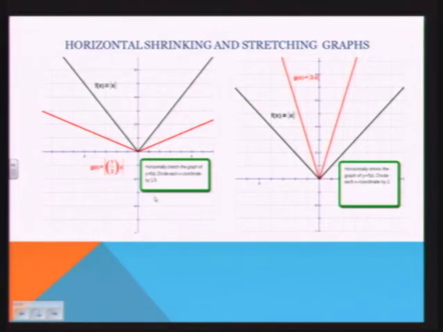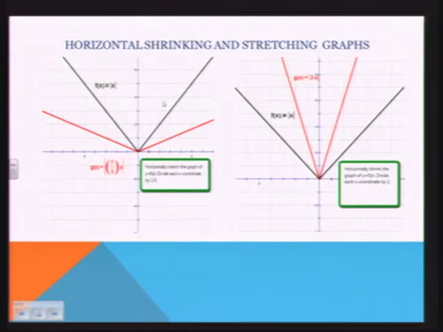Previously, we talked about vertical shrinking and stretching, where you were multiplying by the constant, as opposed to dividing by the constant in this case. You could take any point on the parent graph and divide the x coordinate by 1/3, and it would give you a new x coordinate.